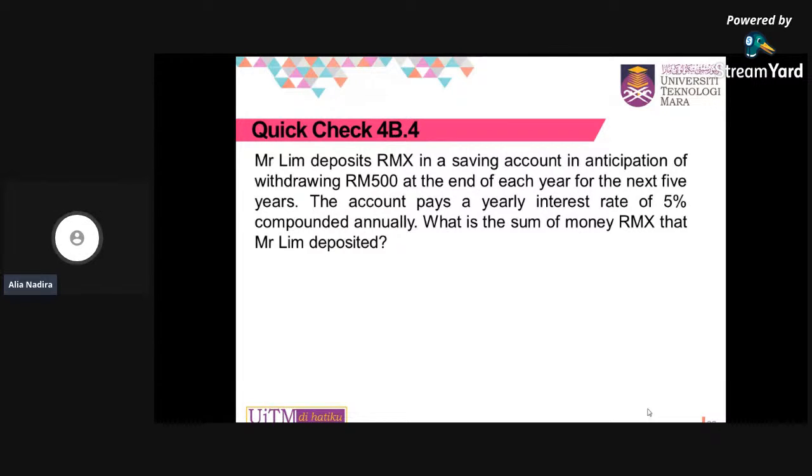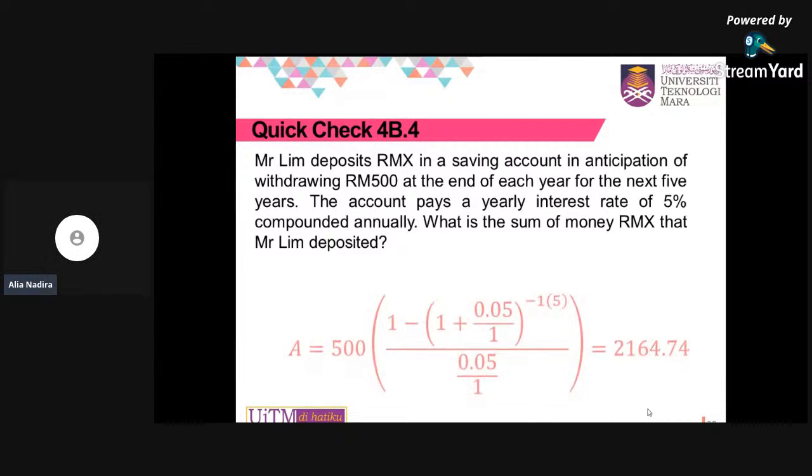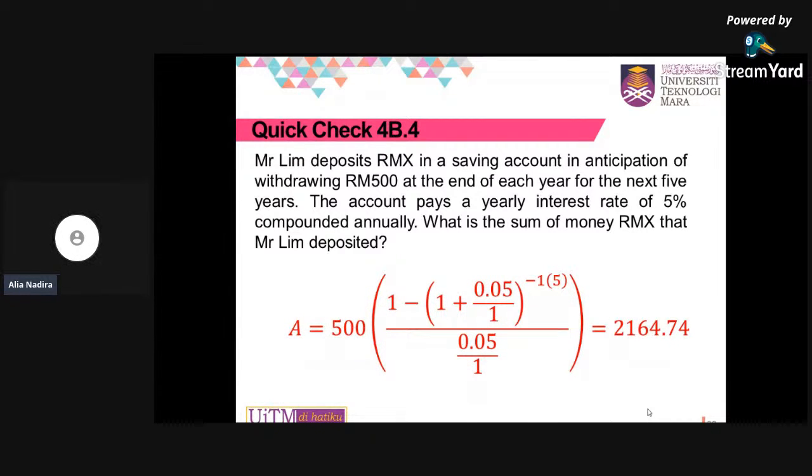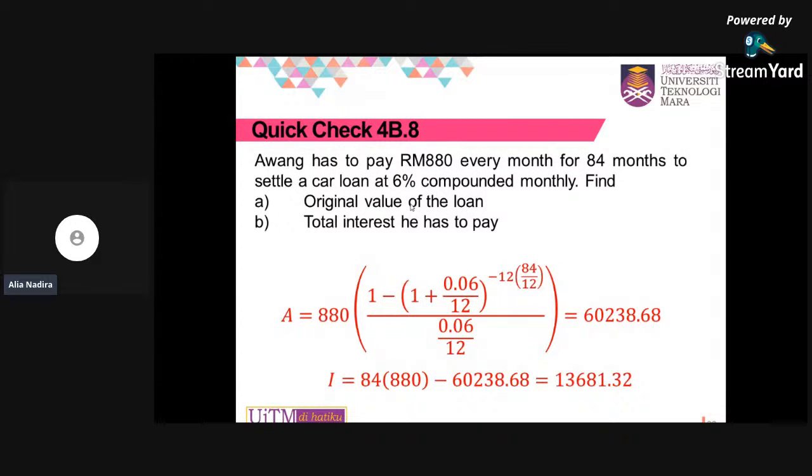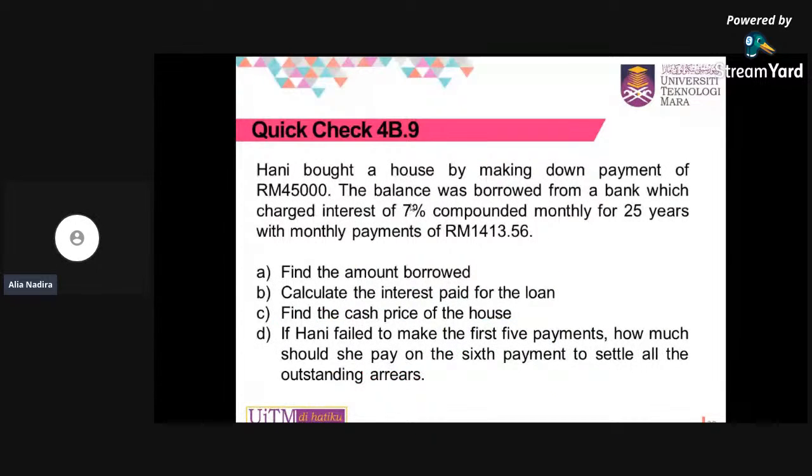Okay, so it is a present value punya question. So you just substitute. So you want to know what is the amount means here. Dia dah deposit 2164.74 in order that he can withdraw 500 at the end of each year. Okay, so it's sama je.